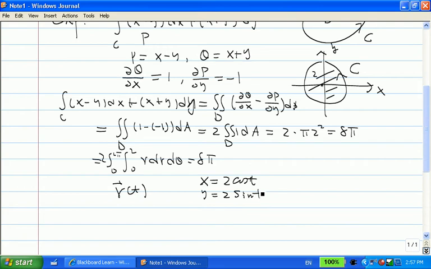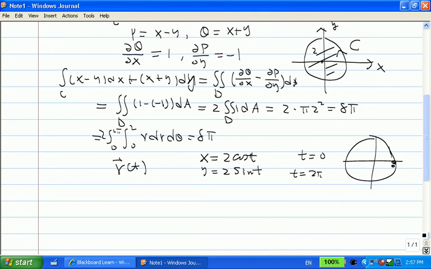Okay, t equal to 0 gives you the starting point, and t increases from 0 to 2 pi, which brings you back to here.